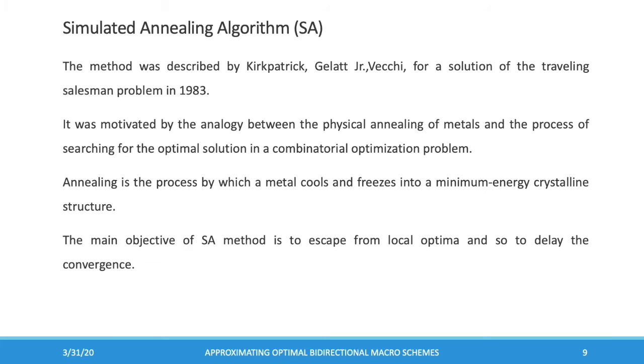In 1983, this approach was used for a solution of the traveling salesman problem. The simulated annealing algorithm was originally inspired by the process of annealing in metallurgy. Annealing involves heating and cooling material to alter its physical properties, due to a change in its internal structure.